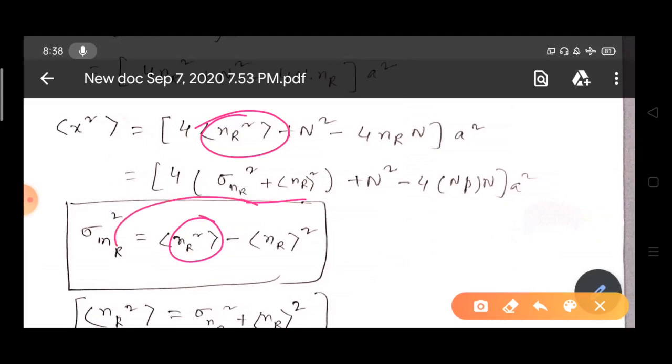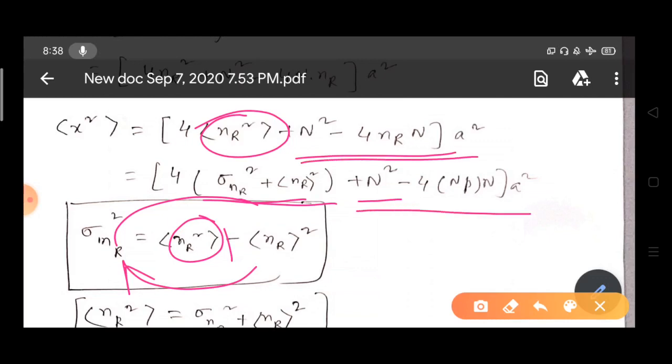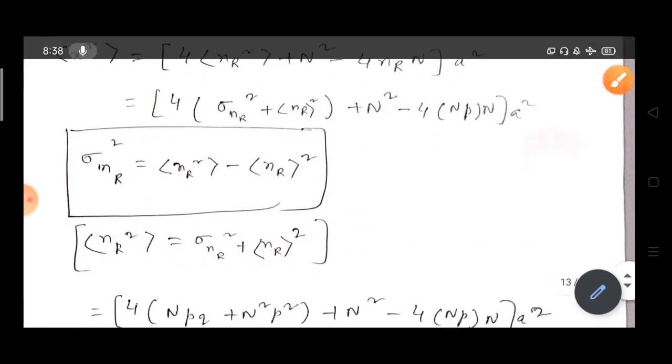You take this here, and you take the quantity, that is sigma nr square plus nr average square, minus this quantity, that is n square minus 4 nr into n. So here nr average will be n into p, times a square.